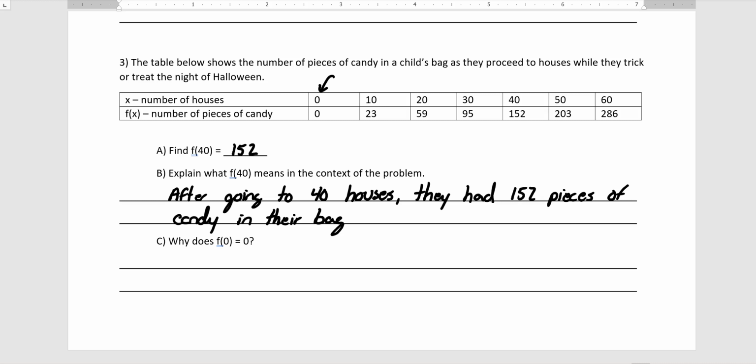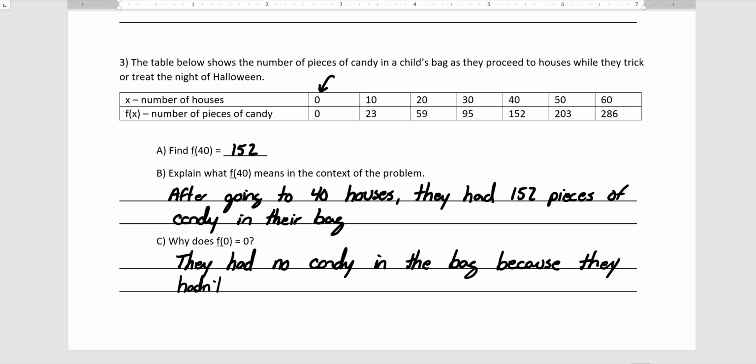They had no candy in the bag because they haven't gone to any houses yet. Excellent. All right, and that's that.